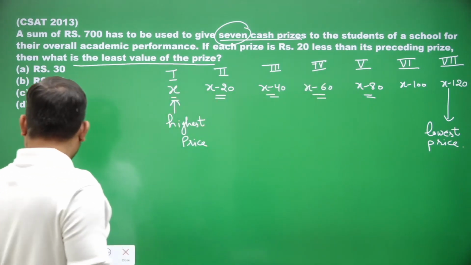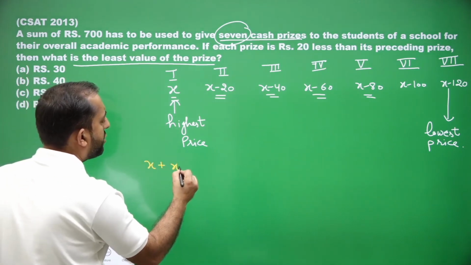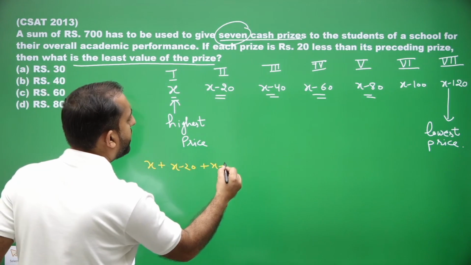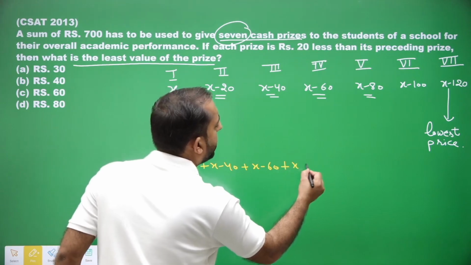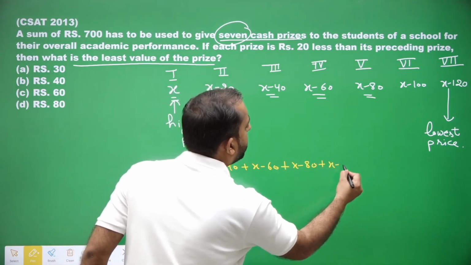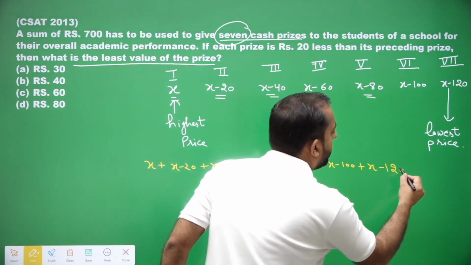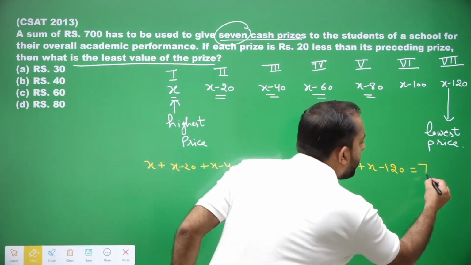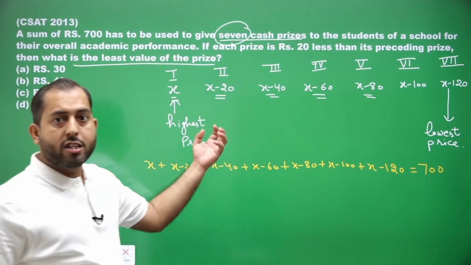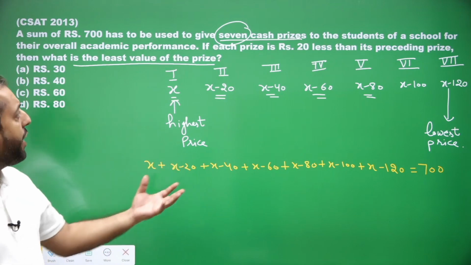Now, if you add these prizes, which means X plus X minus 20 plus X minus 40 plus X minus 60 plus X minus 80 plus X minus 100 plus X minus 120, the sum of all these prizes must equal 700. Why?